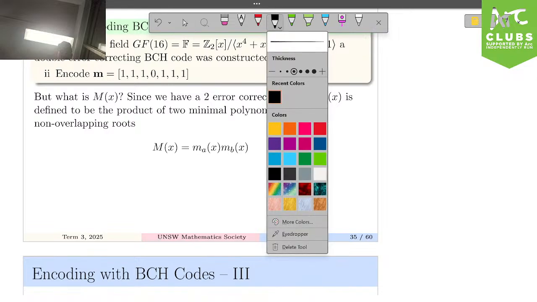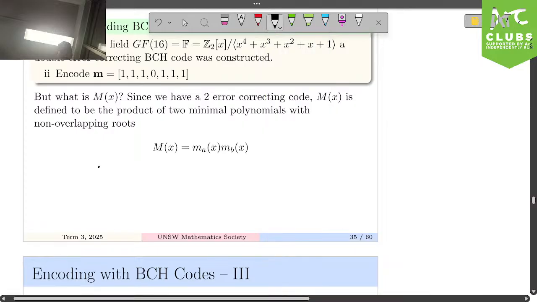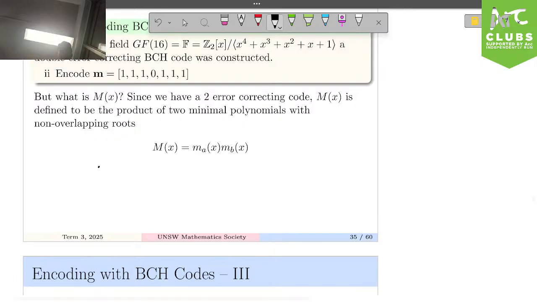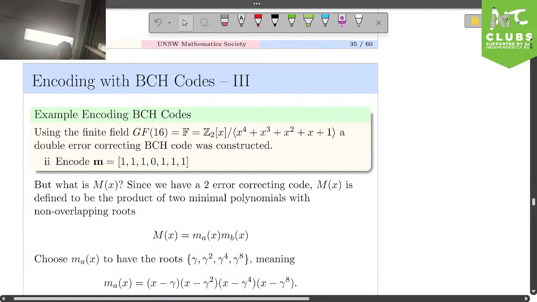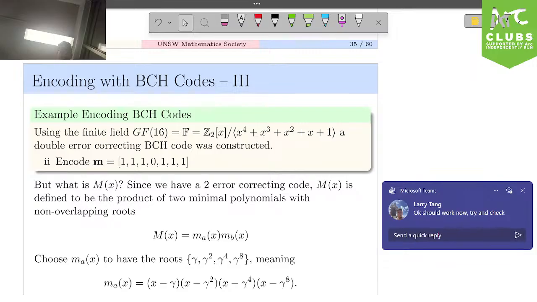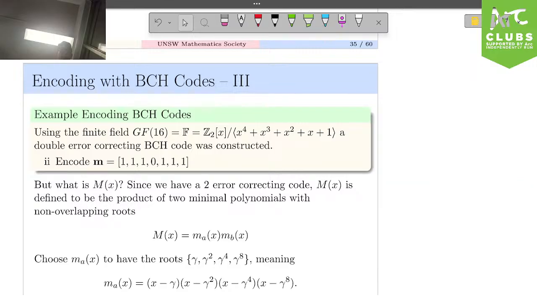Then the cyclotomic coset theorem tells me that if it has root gamma, then it has root gamma squared, gamma to the fourth, gamma to the eighth. So I'm going to know that M A is equal to x minus gamma, x minus gamma squared, x minus gamma to the fourth, and x minus gamma to the eighth.